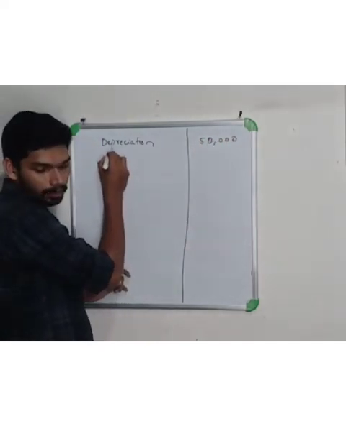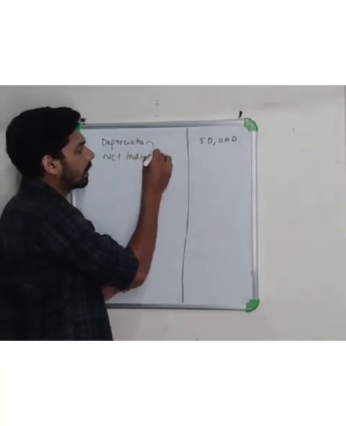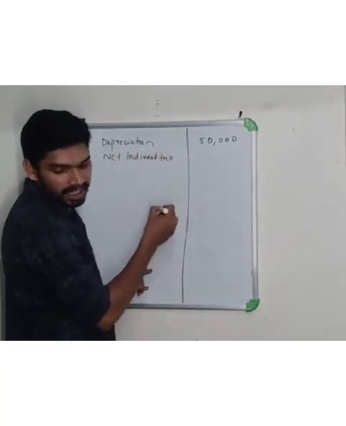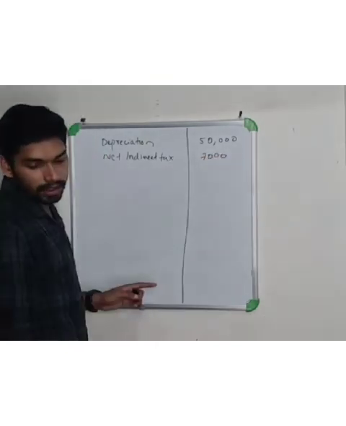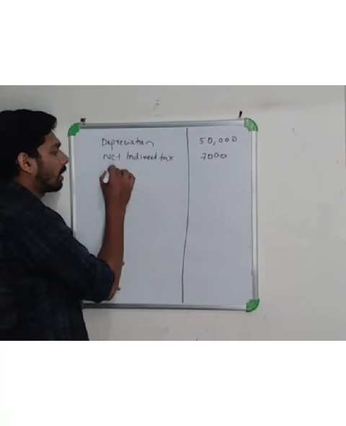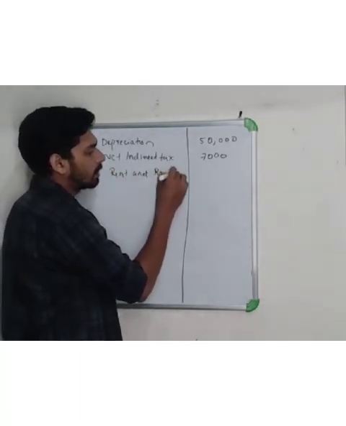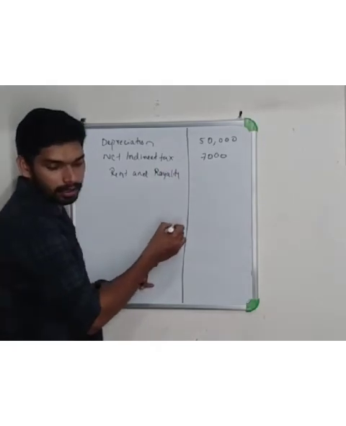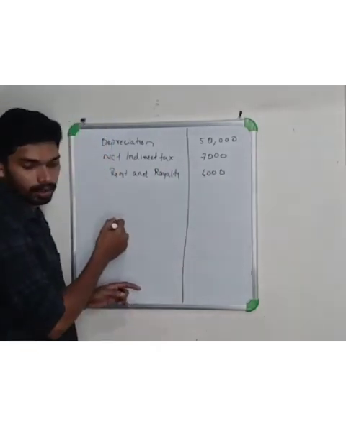The second particular is the net indirect tax, that is 7,000. Then rent and royalty is 6,000.